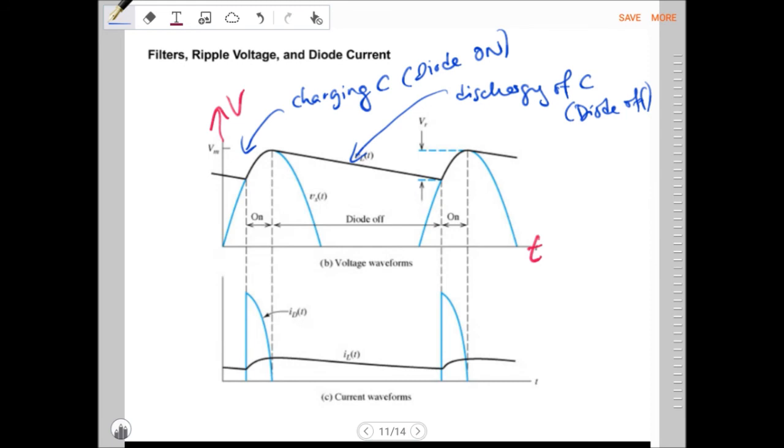This will keep happening again and again. If you draw the current versus time, it's similar, because V equals IR and R is just a constant, so the shape of I will follow the shape of V.